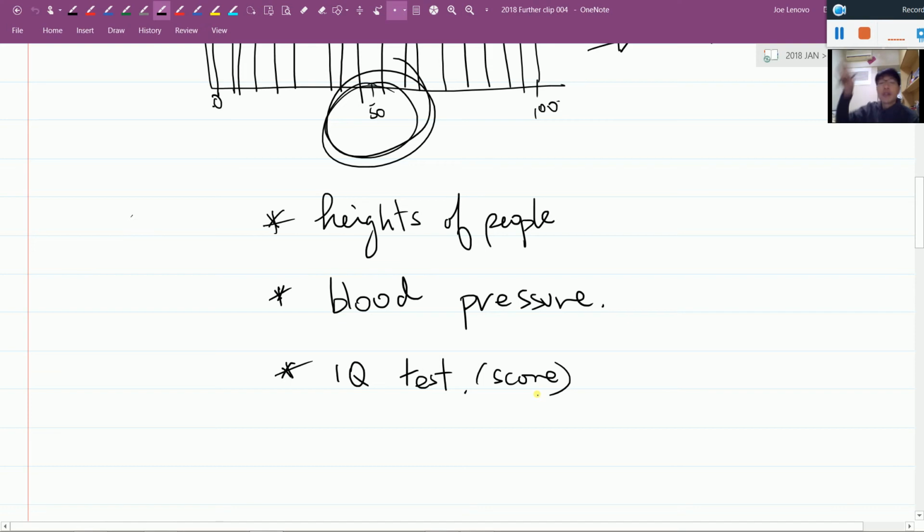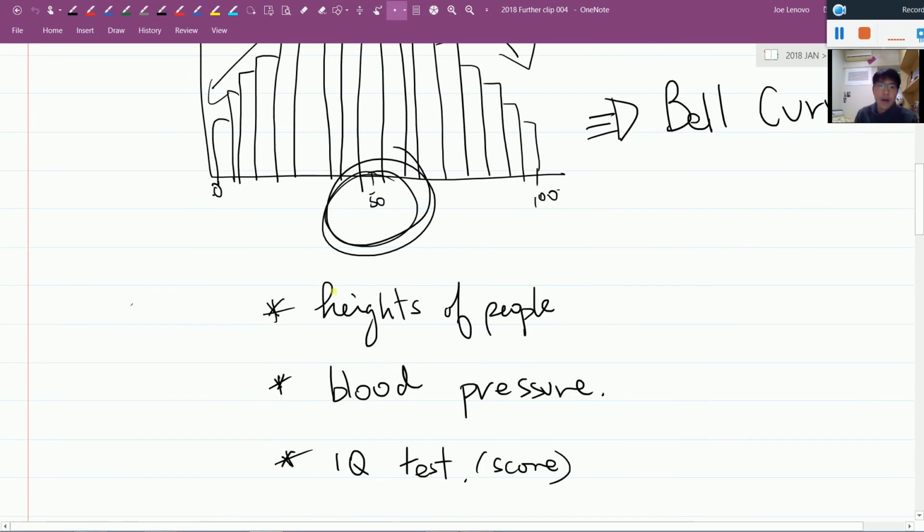The majority of people land right in the middle, and then the number of people gradually decreases on each side. There are lots of examples like that. In many studies that we look at, we find that the bell curve plays a very important part in helping us understand our world.